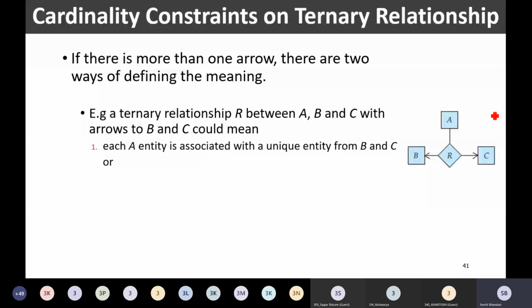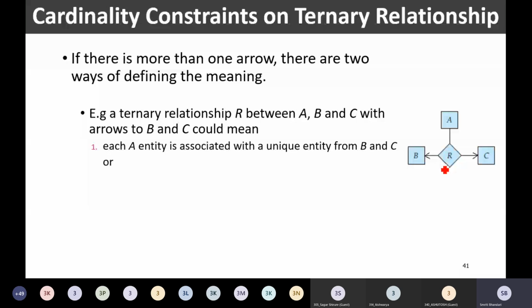I may interpret it like this: each entity in A is associated with a unique entity from B and a unique entity from C, because towards B and C it is 1.